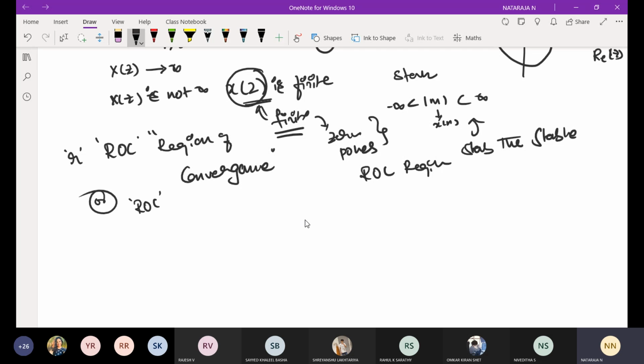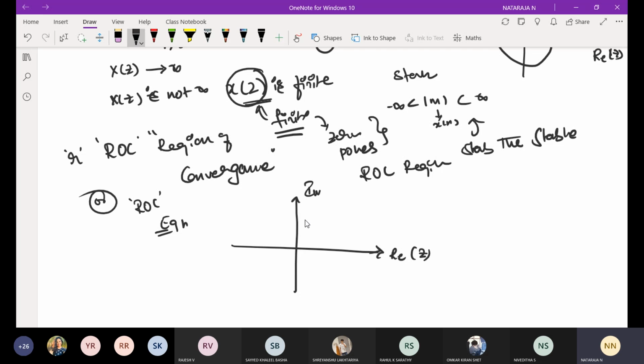We have two different statements: the range of r for which this condition is satisfied is known as ROC, region of convergence, or the set of z for which the summation converges is known as ROC. Make a note of this example. This is the real axis of the z domain.